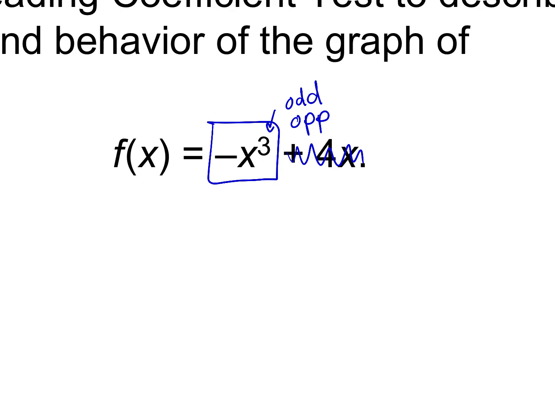Opposite directions. And is my leading coefficient positive or negative? Negative. So what's the right arrow going to do? Right arrow goes down because it's negative, and they go in opposite directions. So the left one goes up. We would say rises left and falls right.